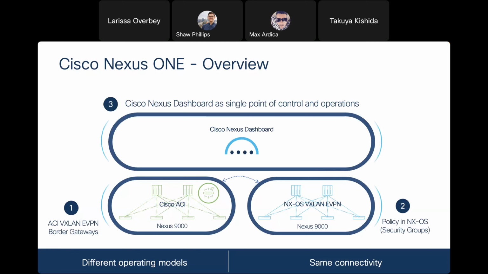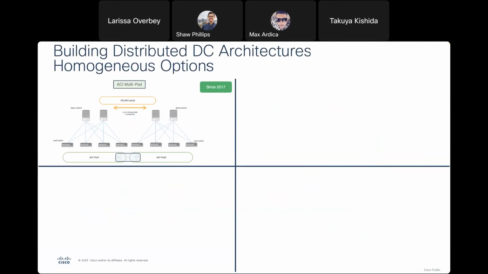This is the dashboard, the controller that currently manages and monitors NX-OS VXLAN EVPN fabrics, and in the future will allow for this configuration and integration within Nexus Dashboard itself. So this integration will provide you with a single fabric experience.